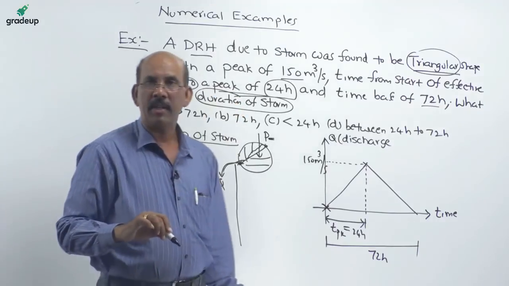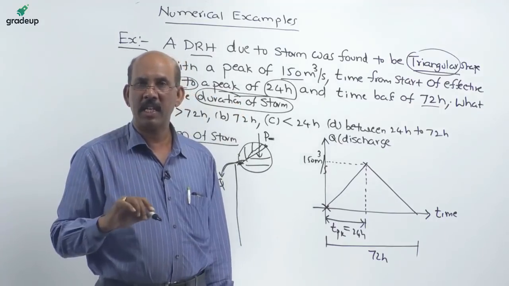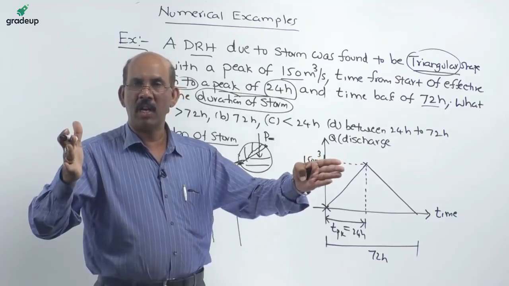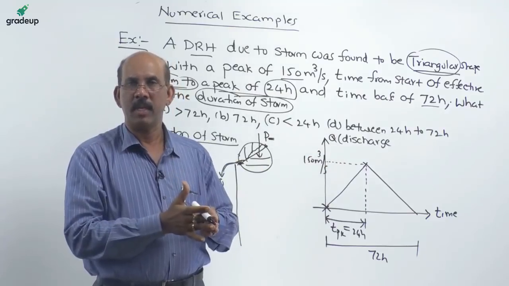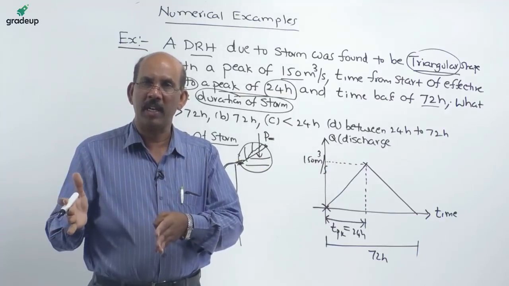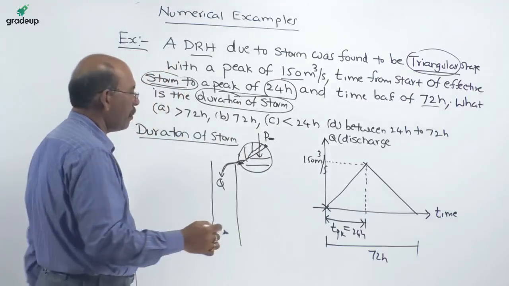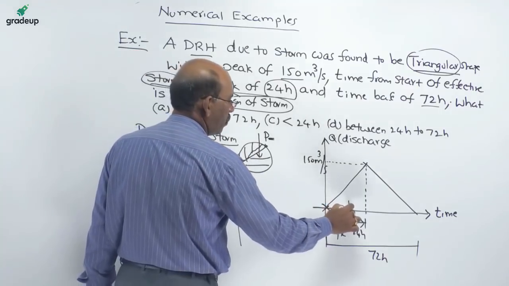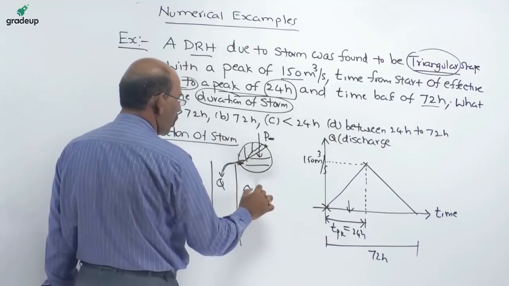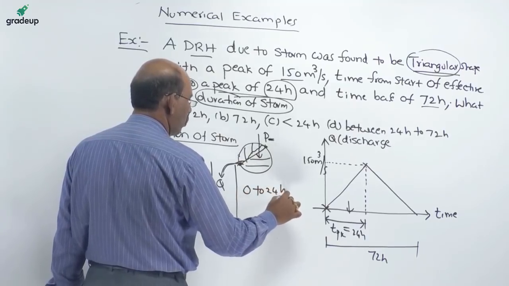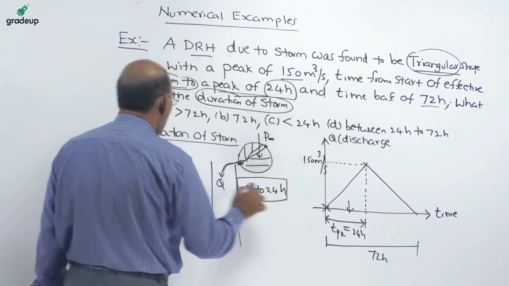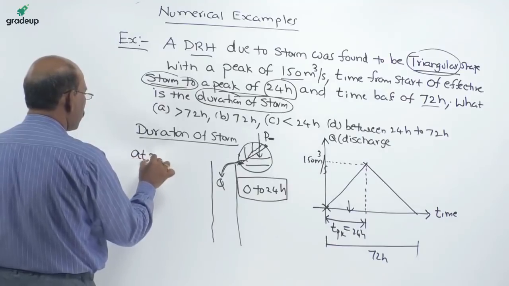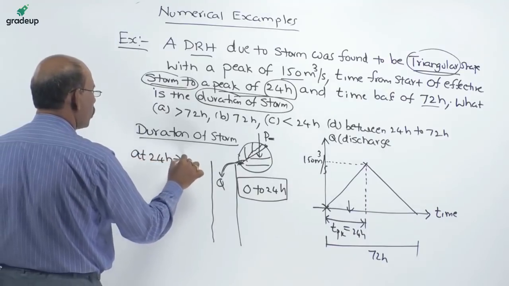So, here it is very clearly considered, our rainfall duration and peak flow duration, somewhere between 0 to 24 hours, at the 24th hour, you have seen the peak.